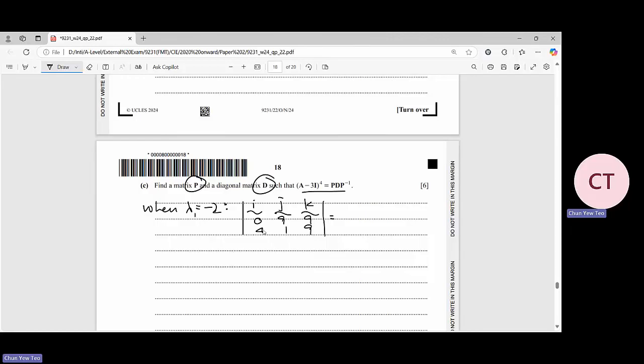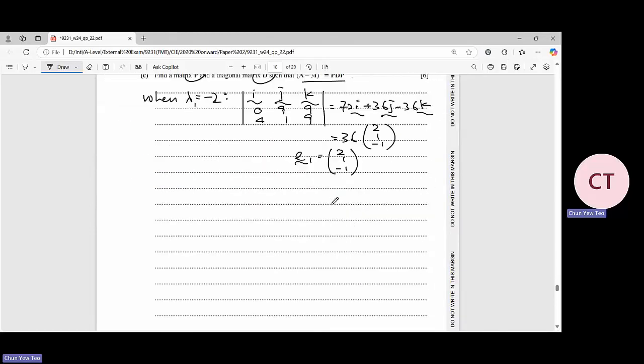If you do the cross product, you will get 72i plus 36j minus 36k. The multiple is 36, so you can factorize the 36 out. Therefore, the first eigenvector is 2, 1, negative 1.